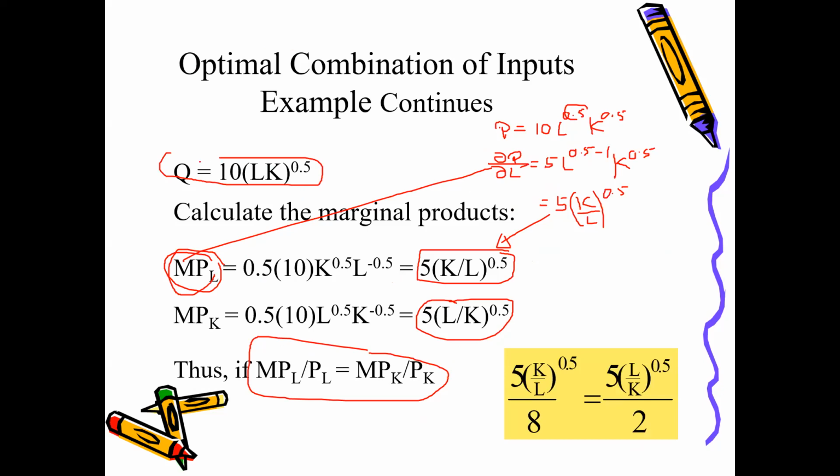You differentiate with respect to L, and there you get the answer, that is MPL. Similarly, you get the MPK. So MPL divided by MPK is the MRTS condition. On the other side you have W, which in this case is 8, and R, which in this case is 2.